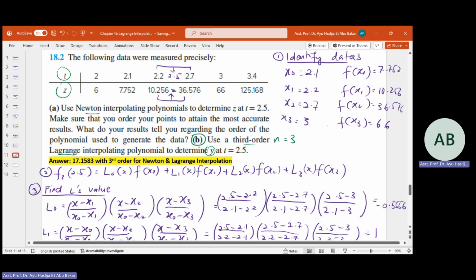Okay, so L0, L1, you should be getting those figures. Proceed for L2 and L3. Then substitute into the main equation.